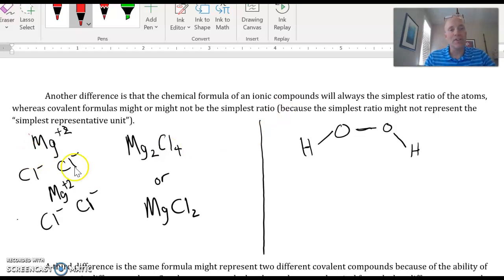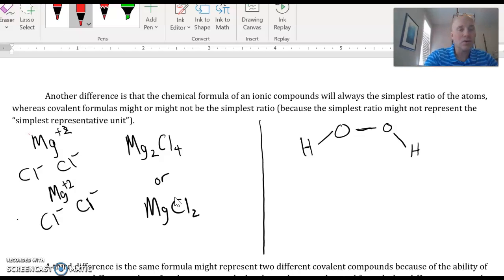To give an example of that, let me show you this arrangement of atoms right here. What would the formula of this arrangement of atoms be? Would it be everything that you see here, which is 2 magnesiums and 4 chlorides, or would this be simplified to MgCl2?